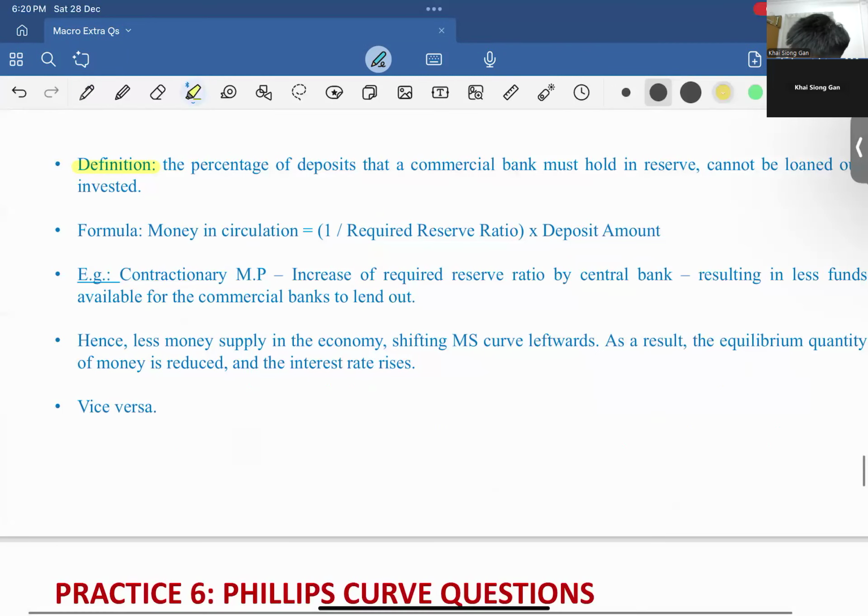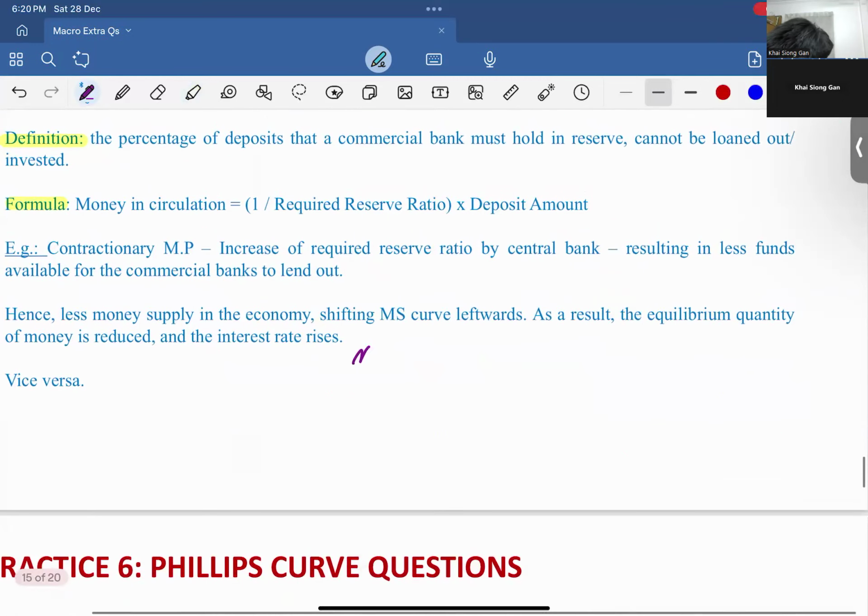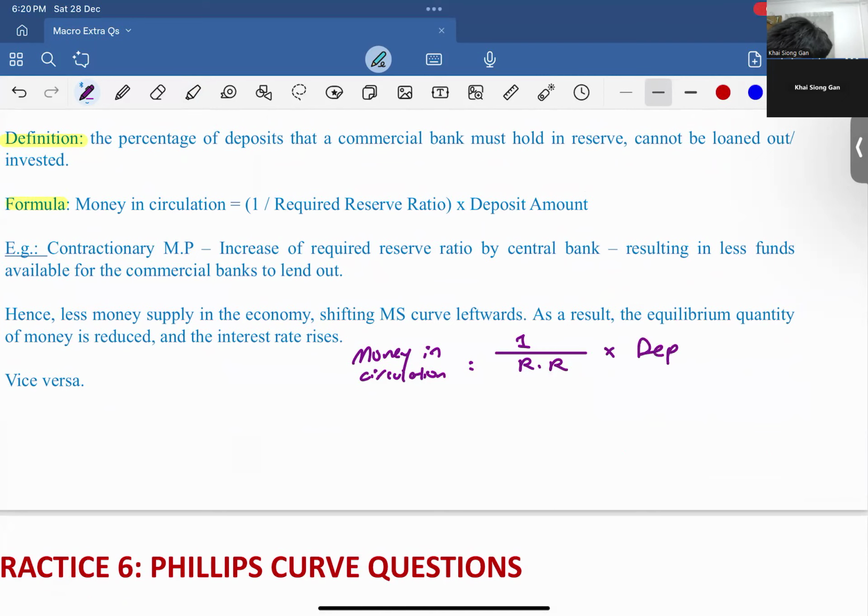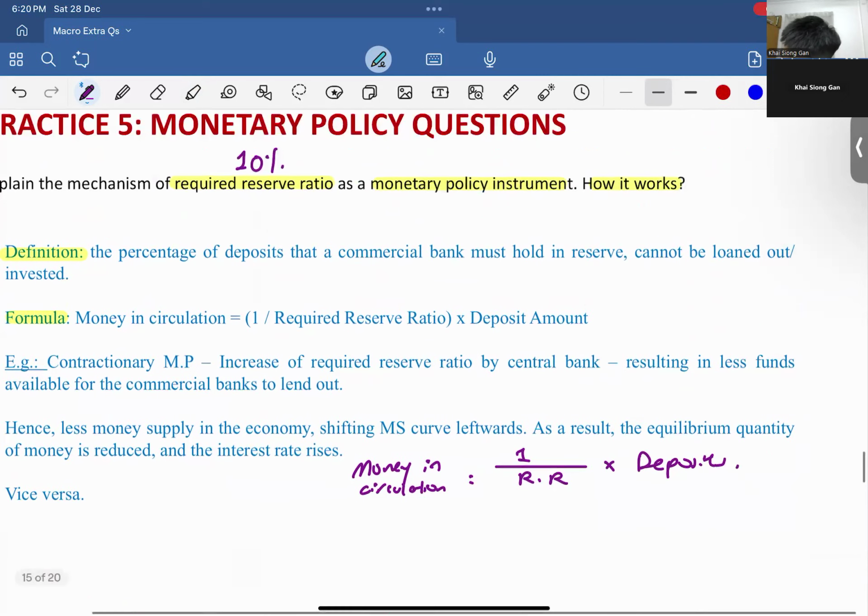Second, I want you to write the formula. Remember the formula: the money in circulation equals 1 divided by the required reserve ratio, times the deposit value. This required reserve ratio will have an impact on the change in the money supply in the economy.